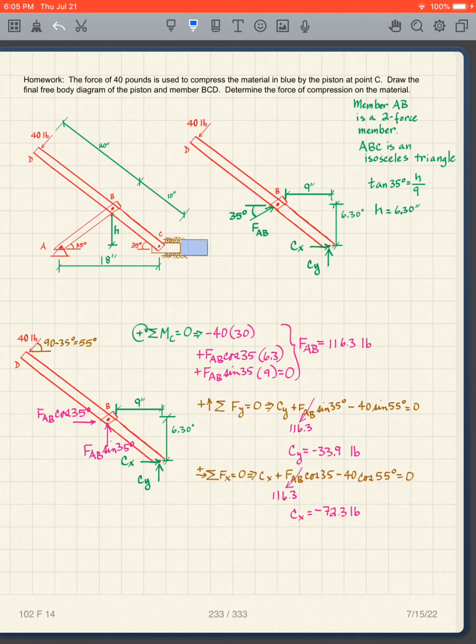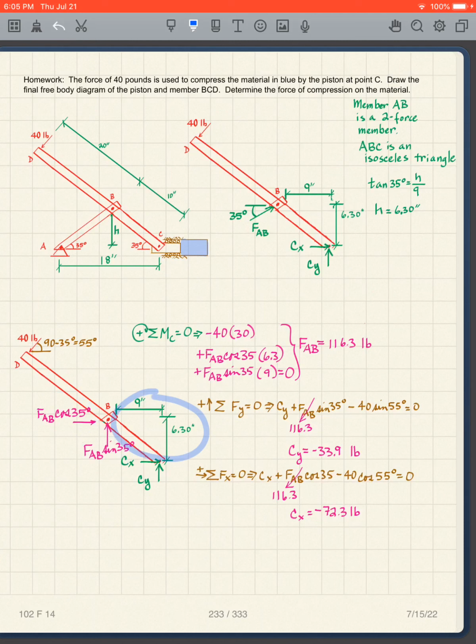And I'm going to break FAB down into components because it is not perpendicular. So I break it into FAB cosine 35 and FAB sine 35.